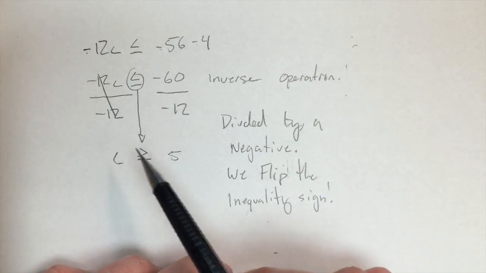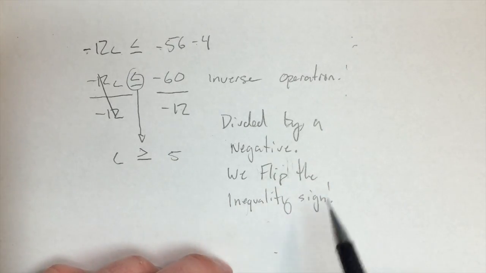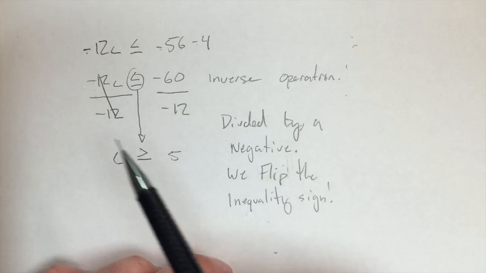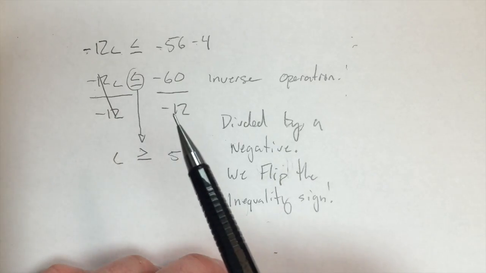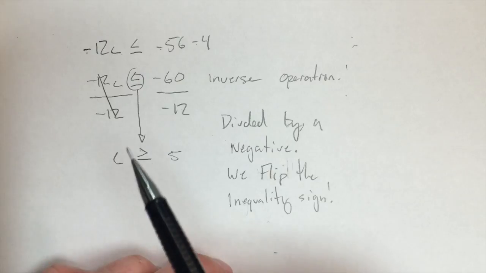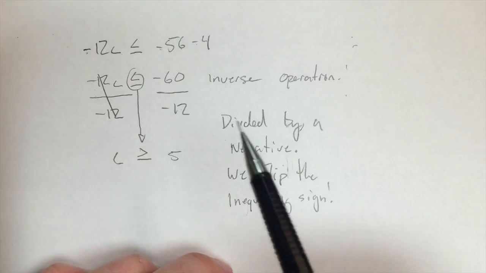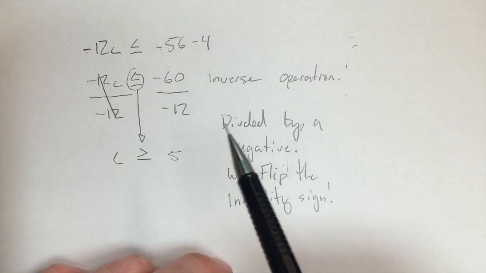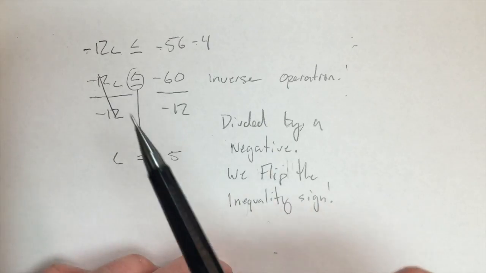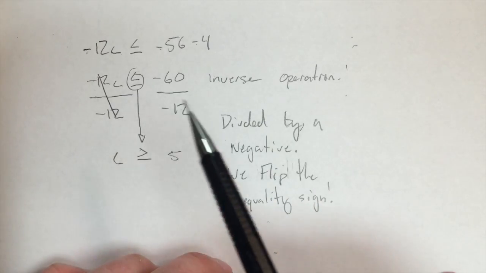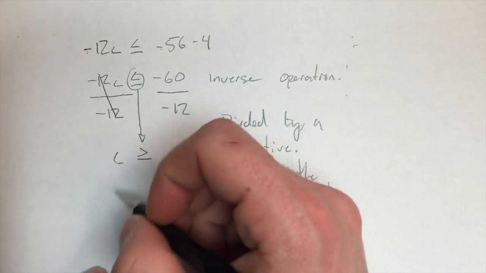If we don't flip the sign, the inequality will be wrong. We divided by a negative, so we flip the inequality. If we multiply by a negative, if this is multiplication instead of division, we still flip the inequality because it's negative. Okay, so now let's graph it.